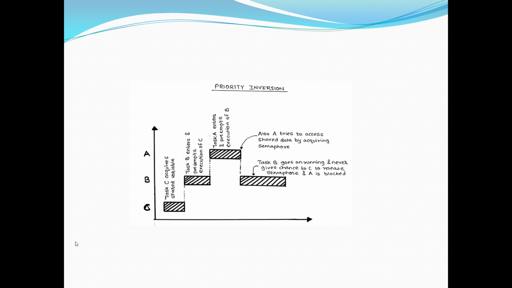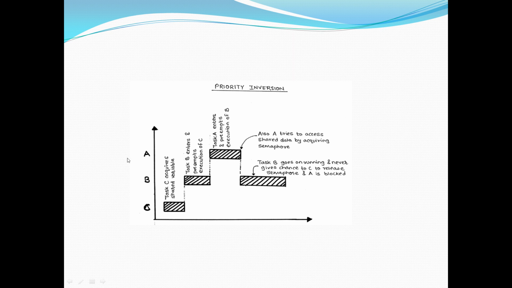Now here task C is ready and picked up by the scheduler for execution and acquires the shared variable. Meanwhile, task A is blocked due to unavailability of the resource and is waiting for the resource being used by task C, which has itself been preempted by task B. Therefore, task A, which has higher priority, is effectively inverted to the lower priority.